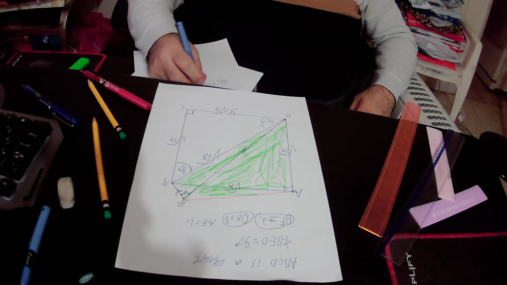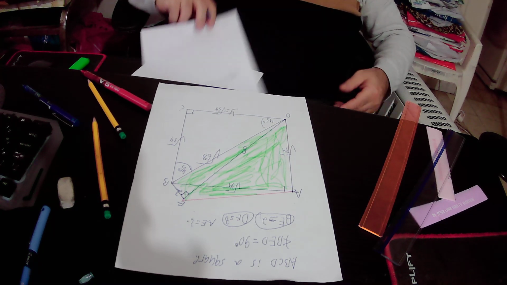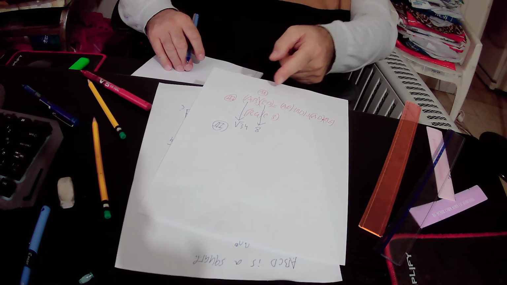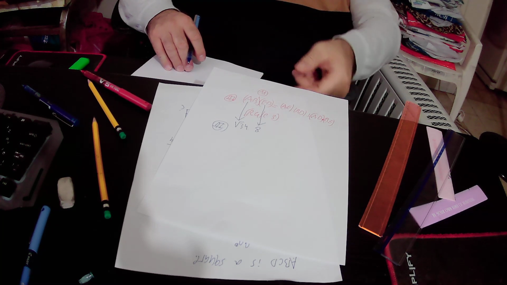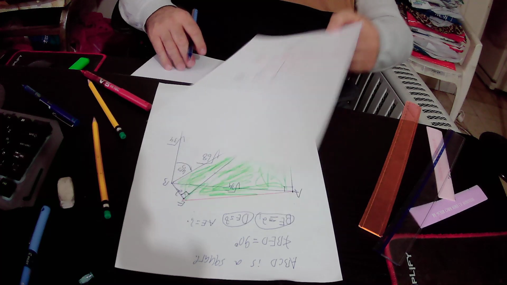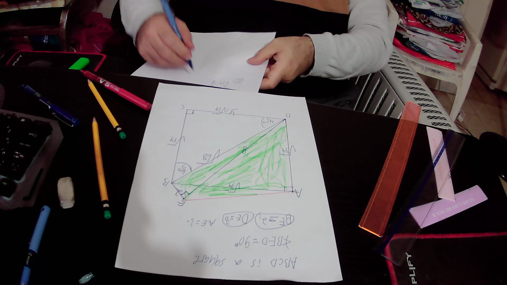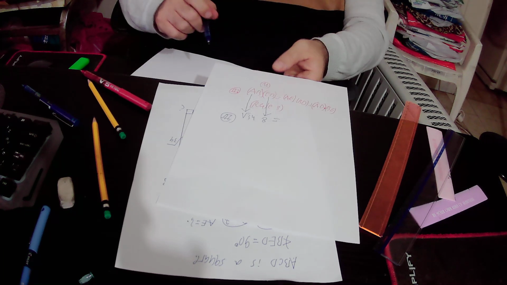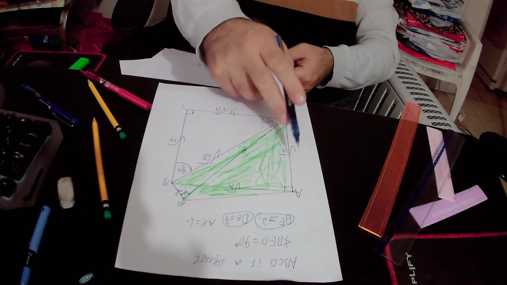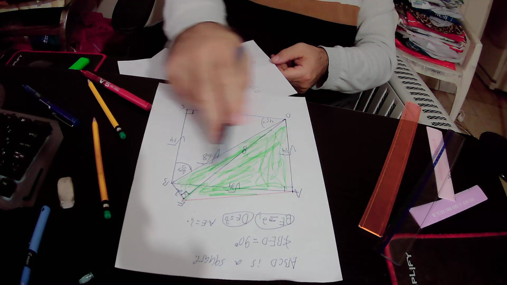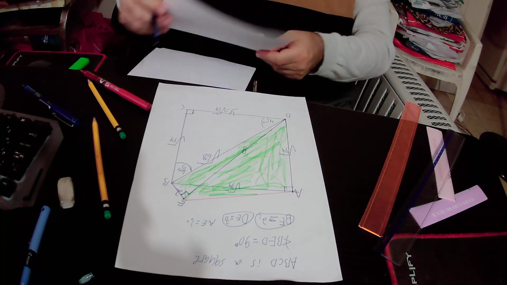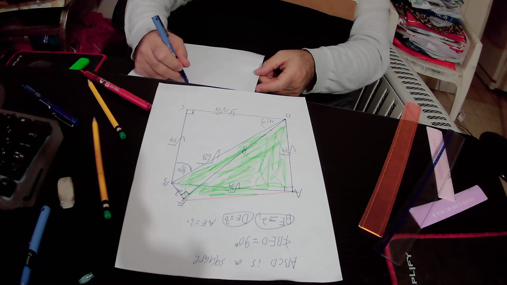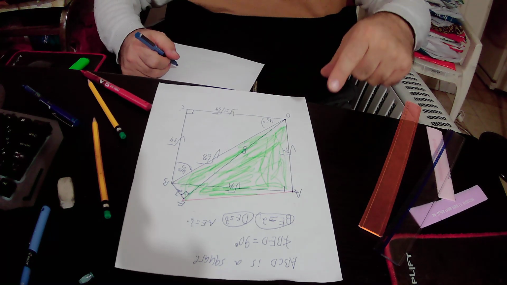So DE, or ED, it is the same, equals 8 units according to what is given in the question, and it equals AE. AE is the missing line segment that we are looking for, so we will leave it as it is, times BD.